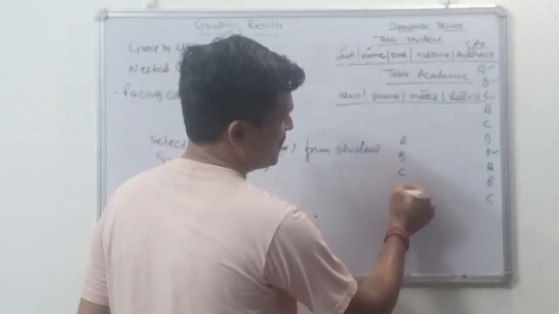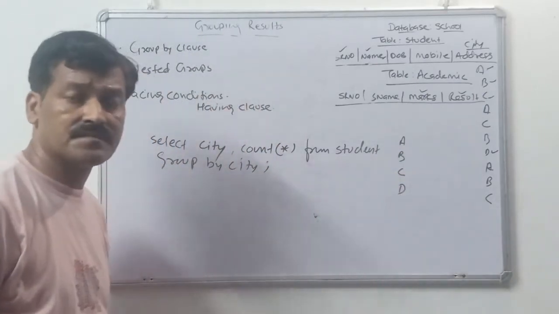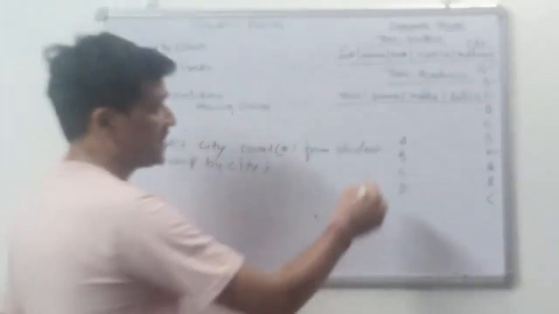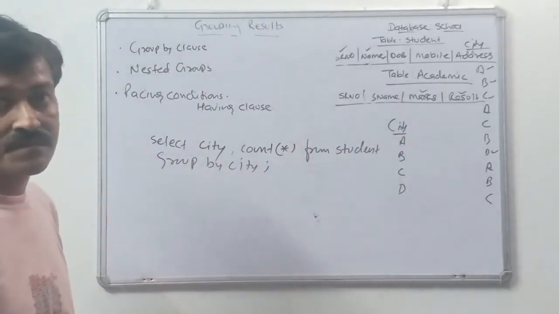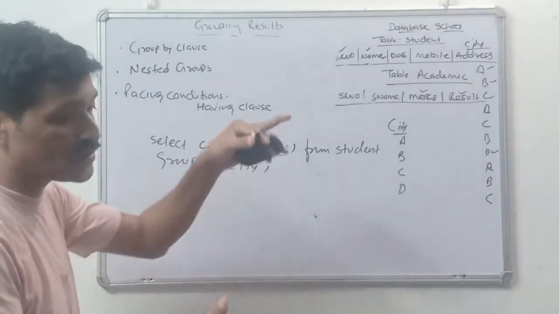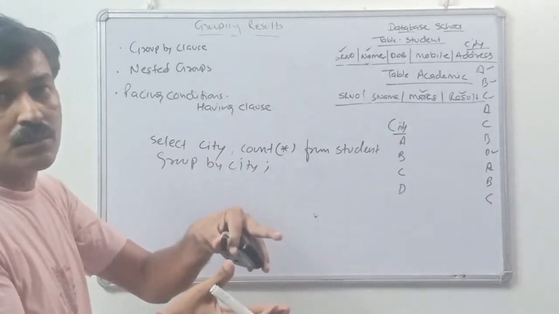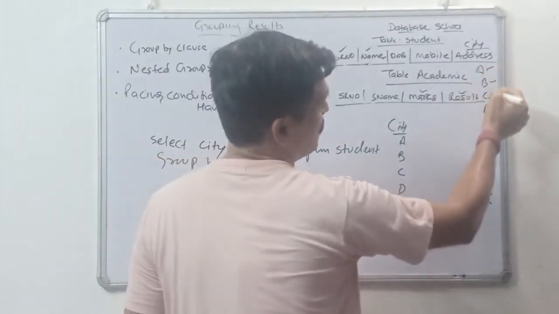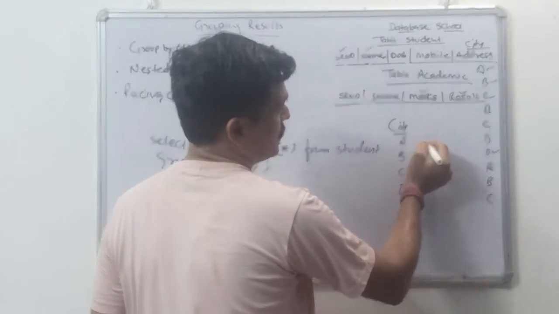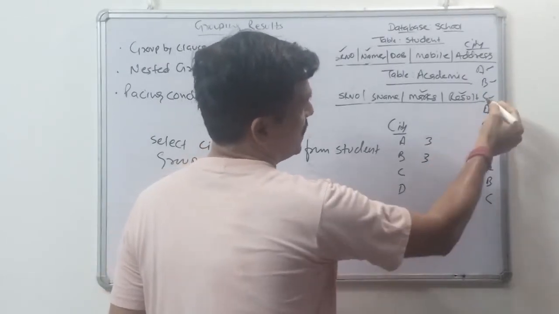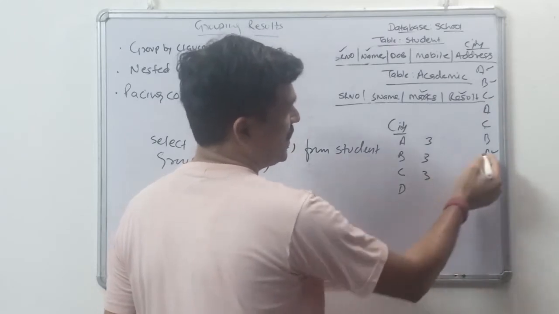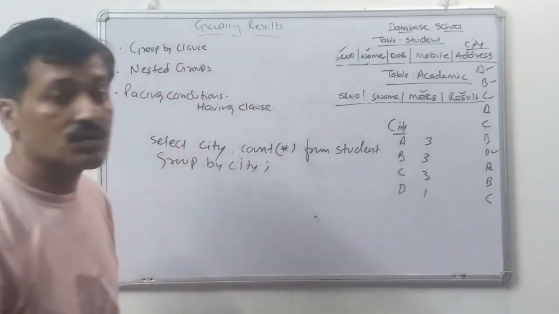This is the value of city in the execution of this query. It has created 4 groups. And count will count the total number of elements in that particular group. A came 1, 2, 3 times, so it has value 3. B came 3 times, so value 3. C came 3 times, so value 3. And D came 1 time, so it is value 1.